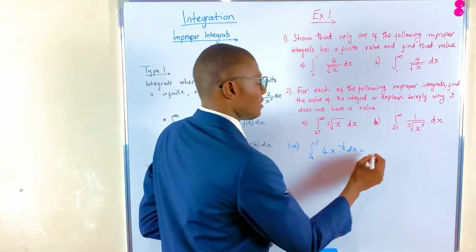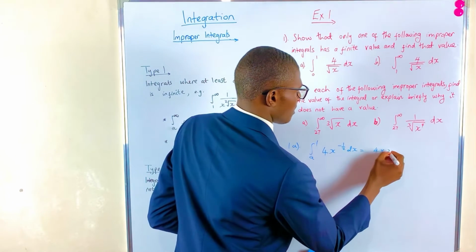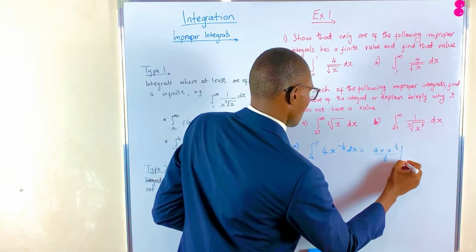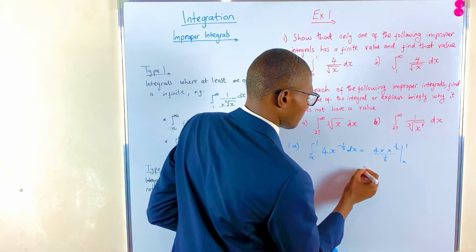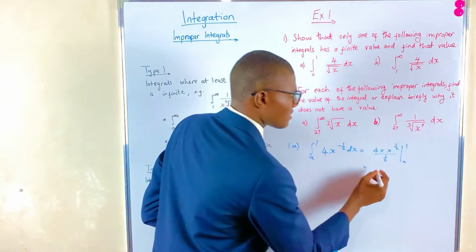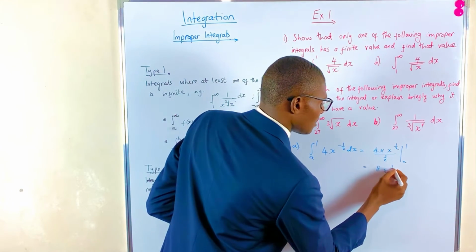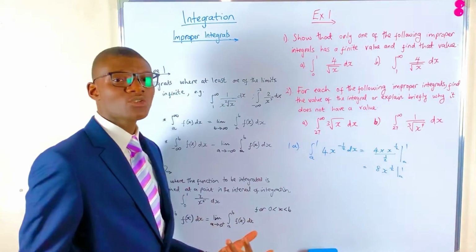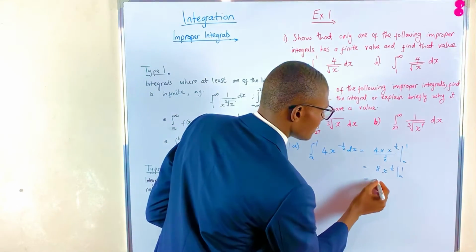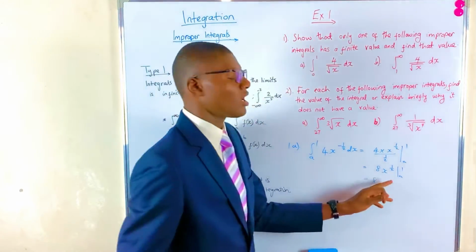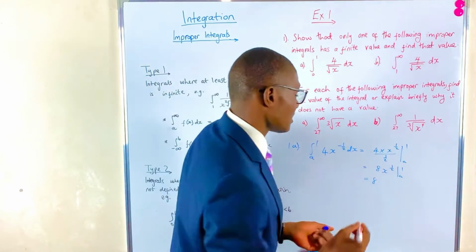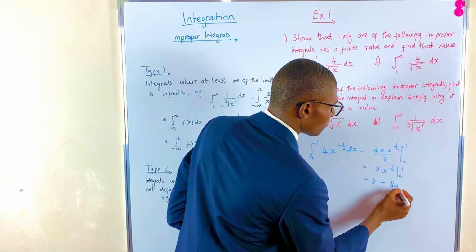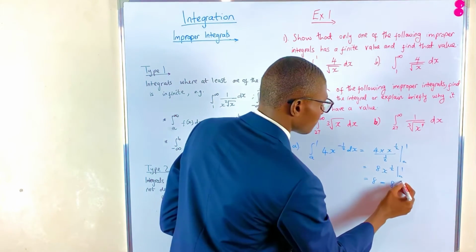This would be 4 times x to the power of half over half from a to 1, which is the same as 8x to the power of half from a to 1. Then substituting for the limits, we have 8 times 1 to the power of half, that's just 8, minus 8a to the power of half.